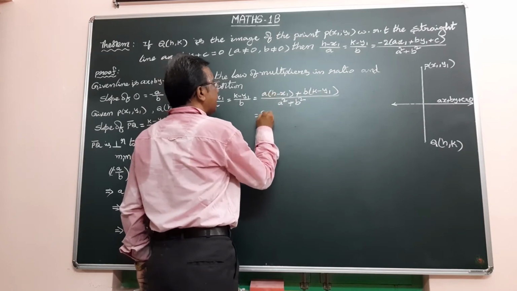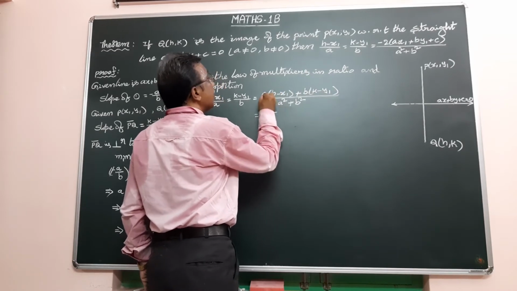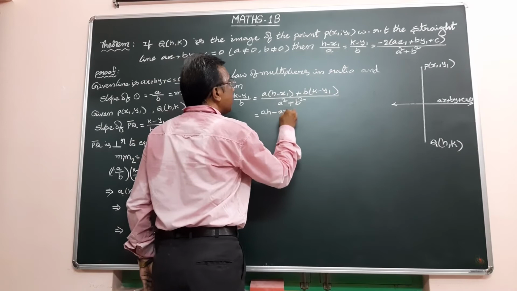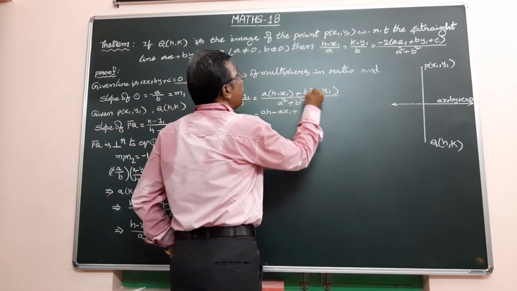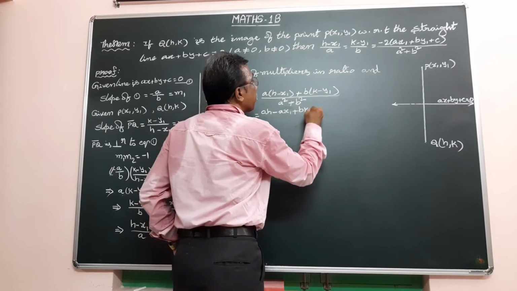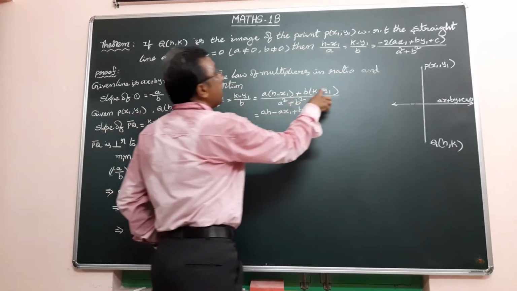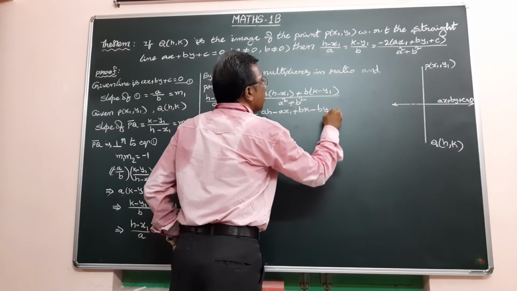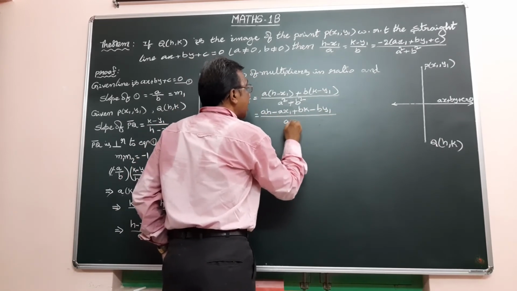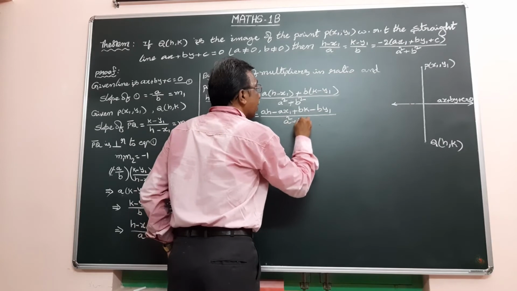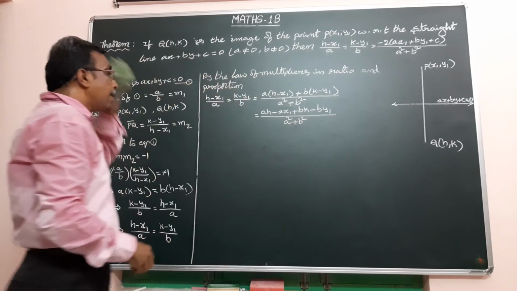A into h minus a into x1, ax1, plus b into k, bk, minus b into y1, by a square plus b square.